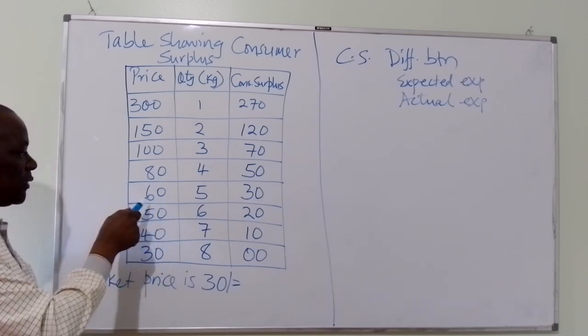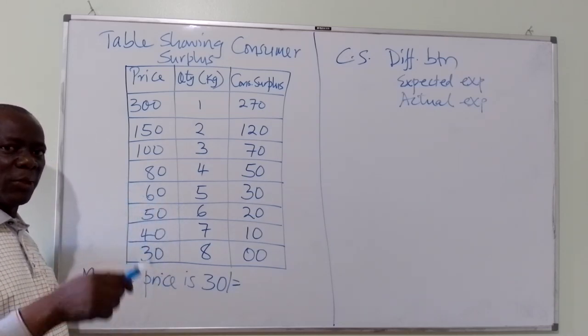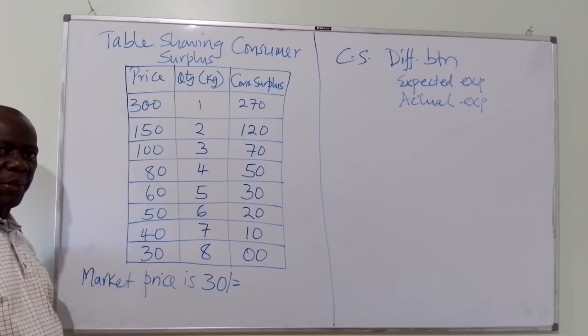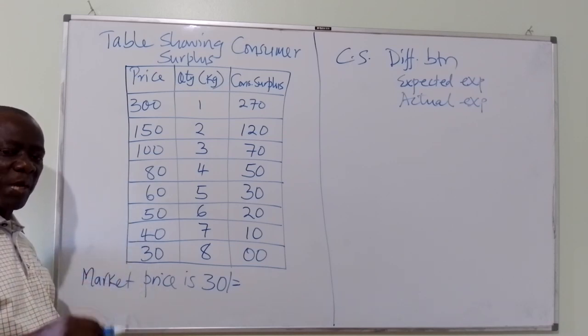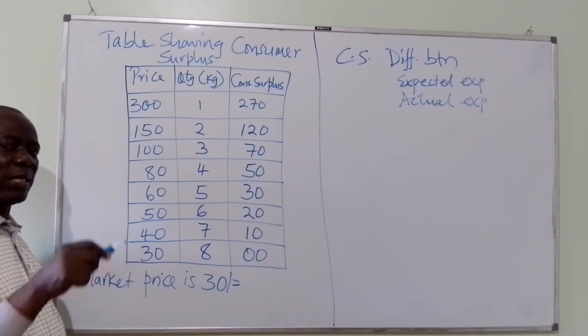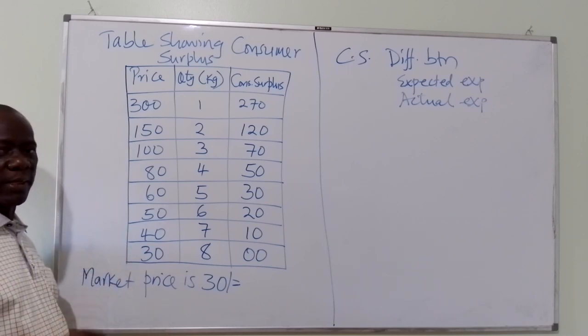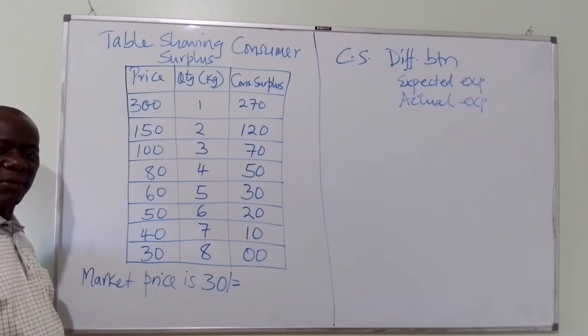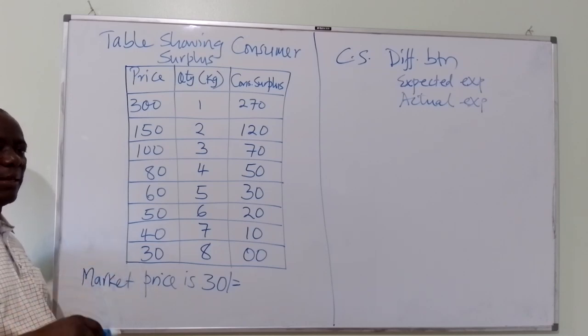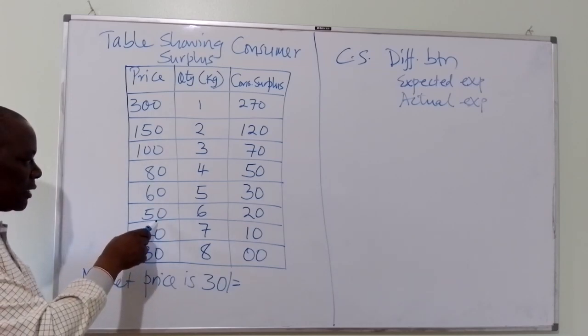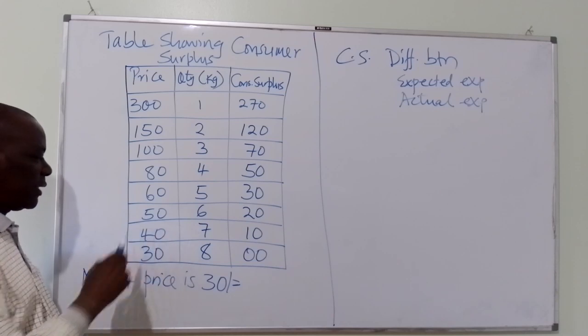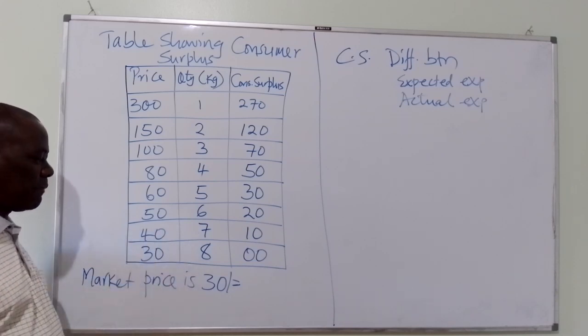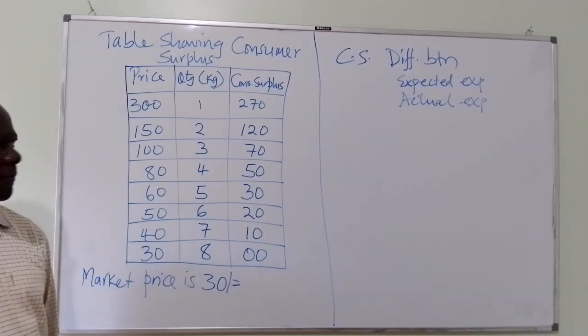The fifth, he is ready to pay 60. You see that the price he is willing to pay keeps on reducing. Why is it reducing? It is what we said earlier, utility. Each kilogram is giving him less utility than the previous one. So on the 6th, he pays 50, and the 7th, he pays this, and the 8th, he pays 30.